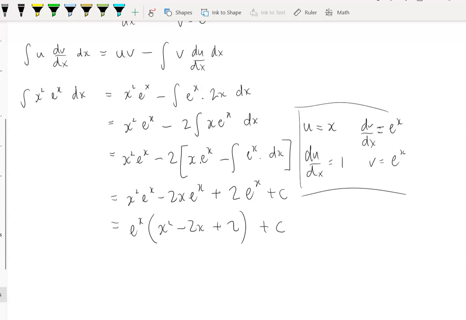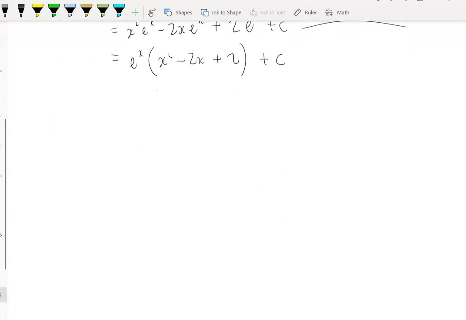And there's our solution. Okay, and that was where we sometimes have to use integration by parts twice.